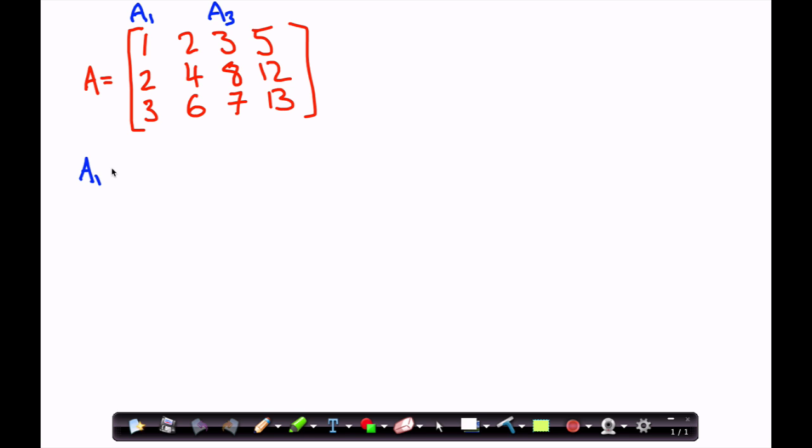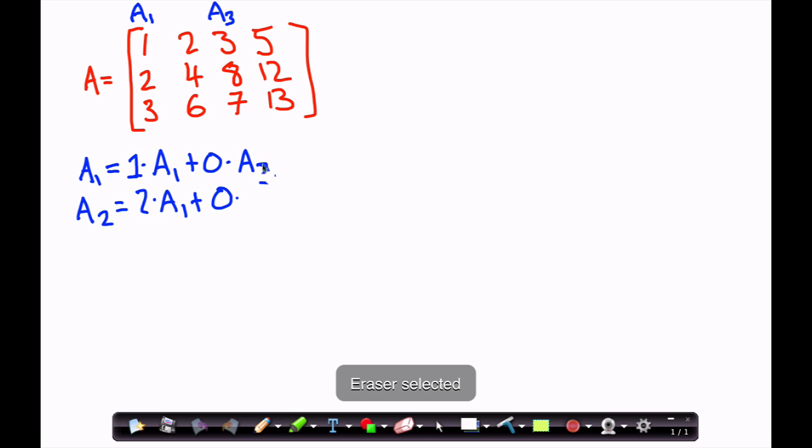So A1 is, of course, just 1 times A1 plus 0 times A3. A2 we saw was equal to 2 times A1 plus 0 times, I'm sorry, this should be A3.